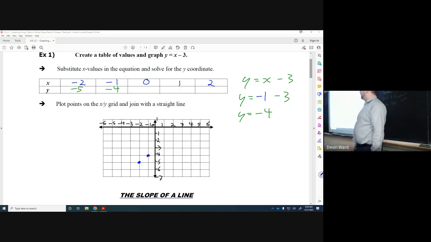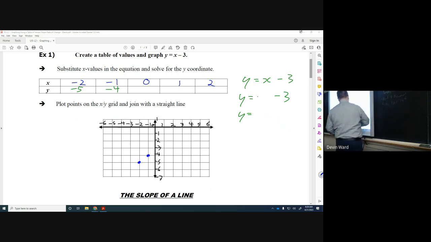That should be -3, then adding 0. Perfect. So next one. My x is 0, and then 0 minus 3, like Tristan said, is -3. Good point there.